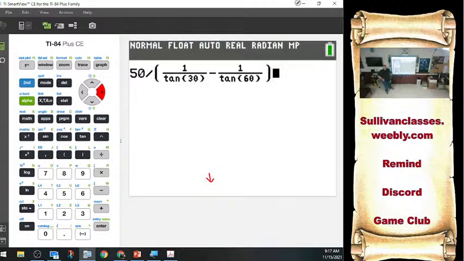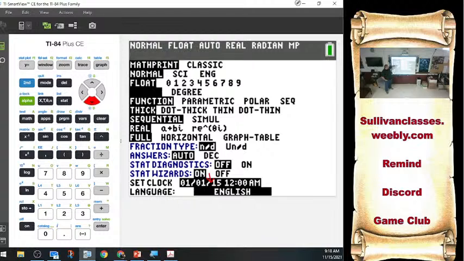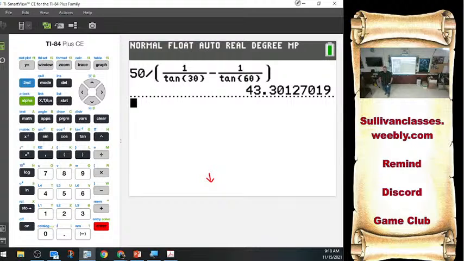I'm about to get the wrong answer, because you're in radian. Okay. Window. Mode. There we go. Switch me over to degree. Then 43 and change.